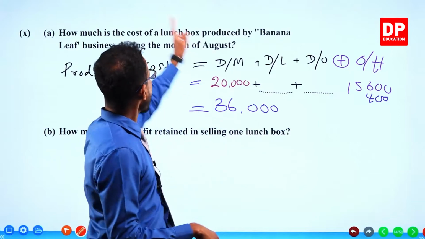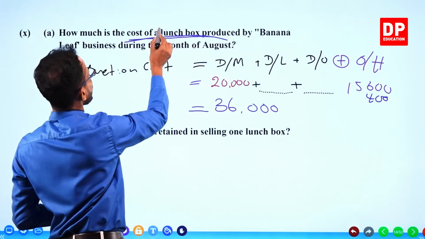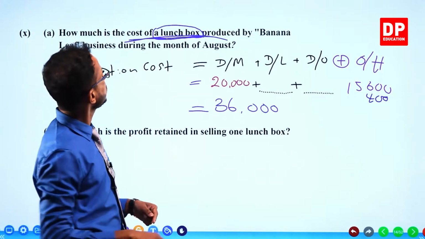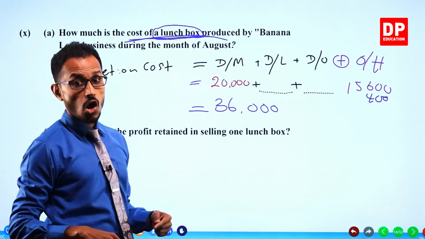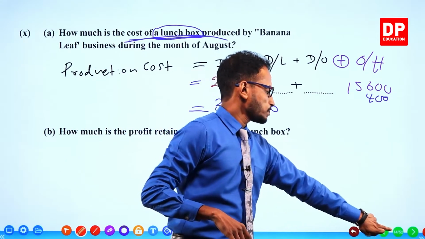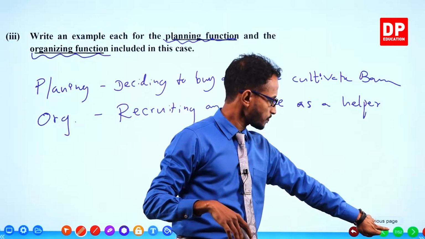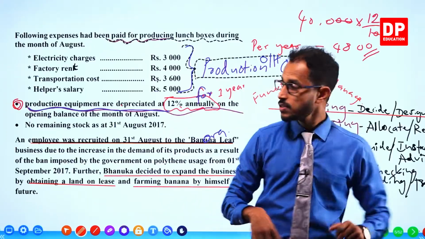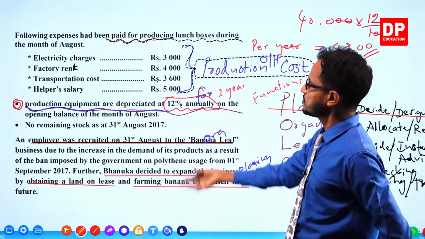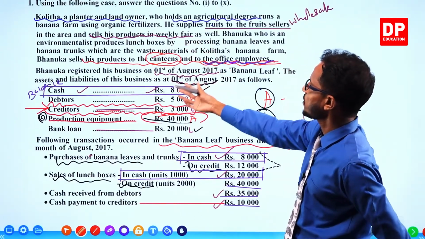Read the question. They are asking the cost of a lunch box. Unit cost. Not the total cost. Total cost divided by number of units. Unit cost. Is the number of units produced given?